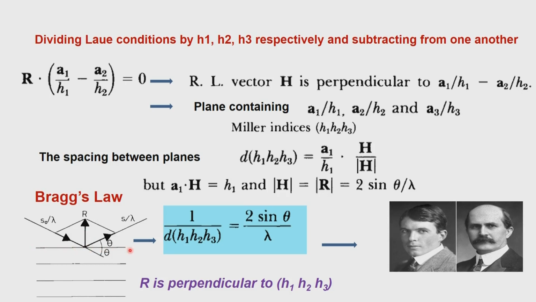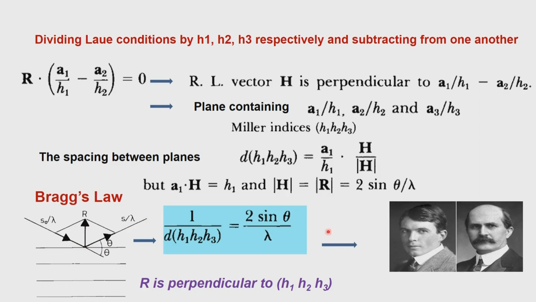Bragg and Bragg called this a reflection, so this can be approximated to a reflection. Of course, the radiation may go through into the crystal and so on, but from this particular plane in the crystal, we have S by lambda coming out as a reflection. So, the diffraction now becomes a reflection.